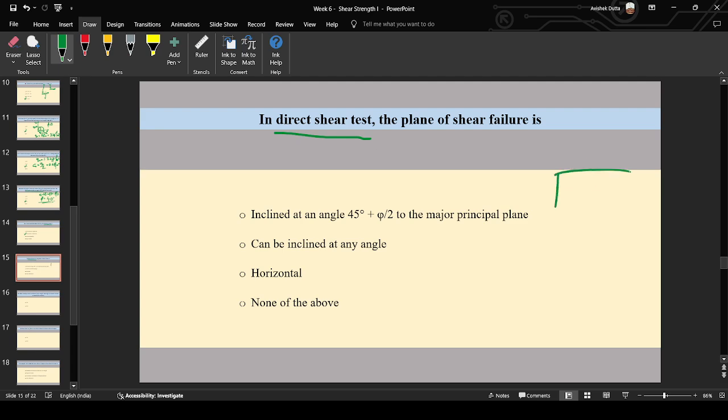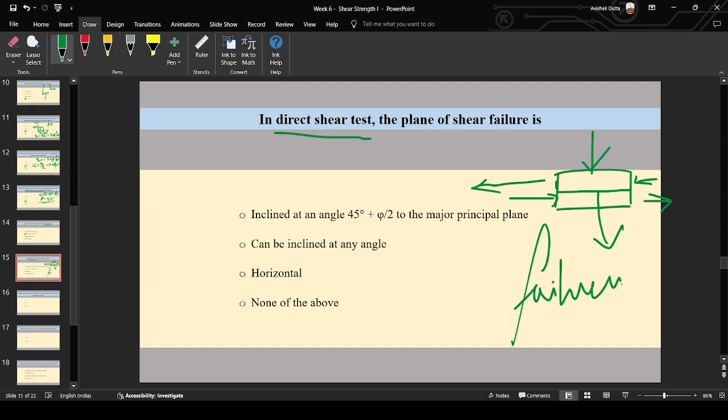We put a soil sample like this, apply shear force from here, normal load from here, such that the soil breaks from the center. One part moves to this side, another part moves to this side. So in this case, this is the failure plane, and in this case, it is predetermined that it will be horizontal.